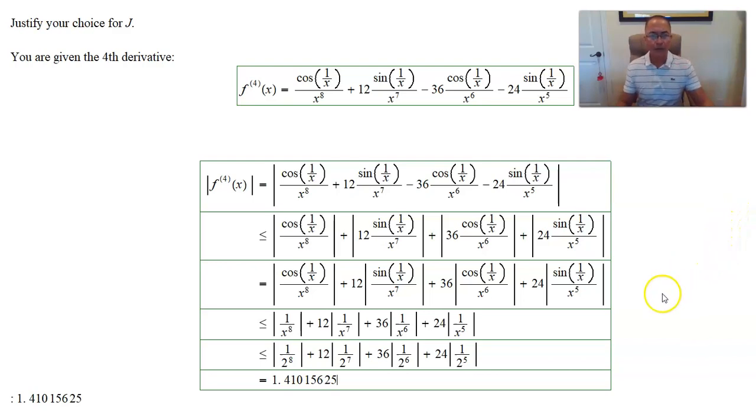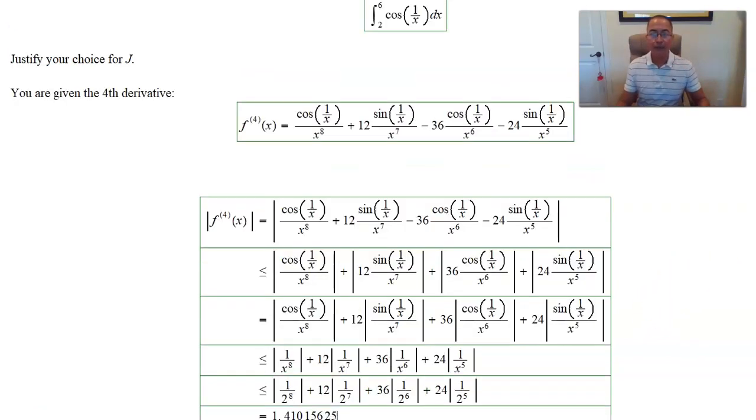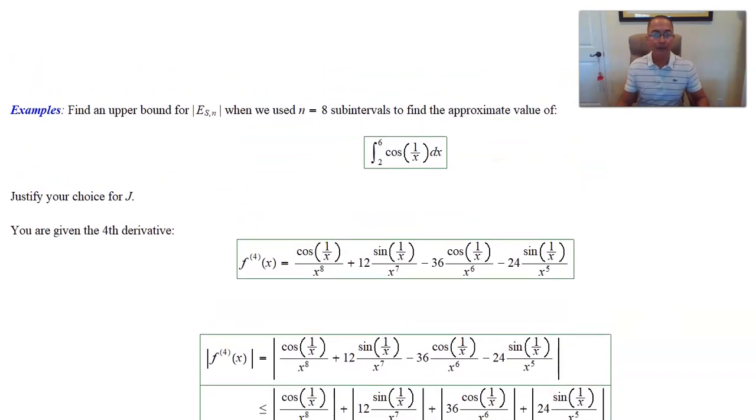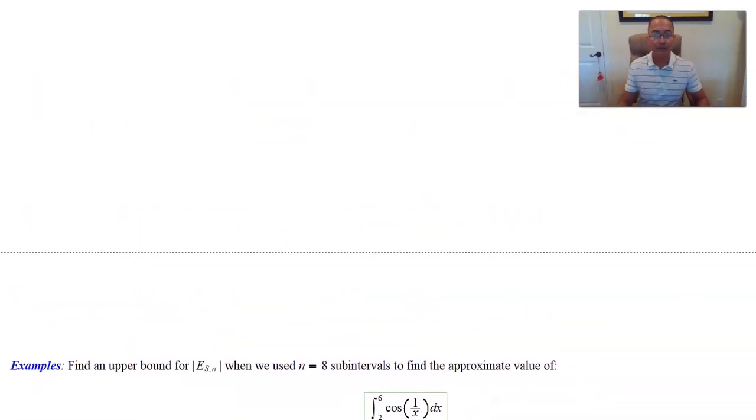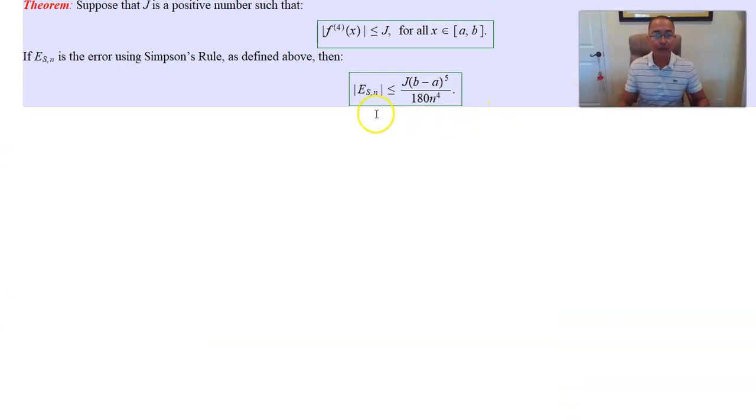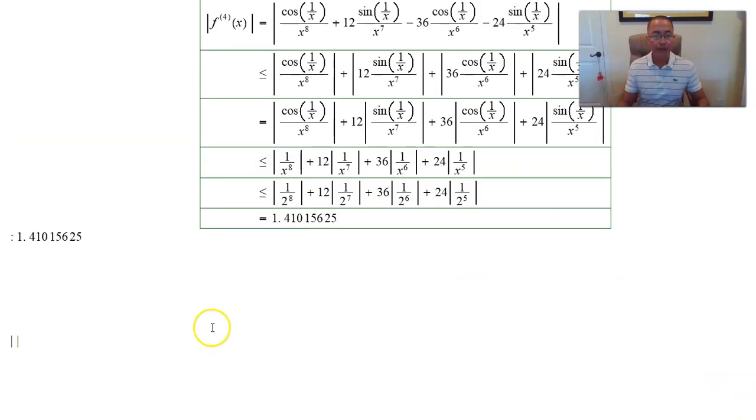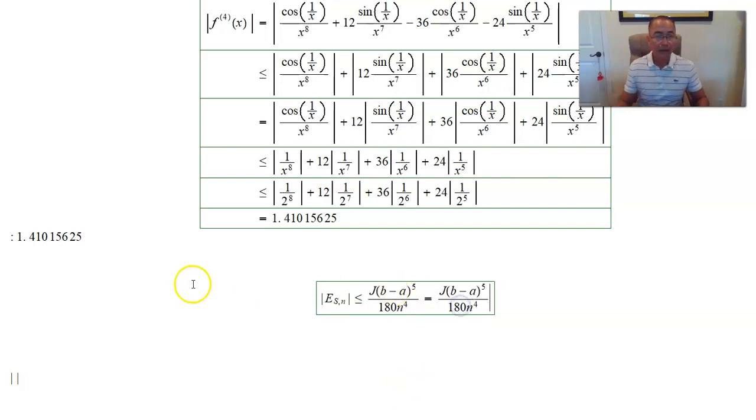So let's bring back that formula. Here is our E sub Sn, and there we go. All right, so we have our J. Our J is this much.